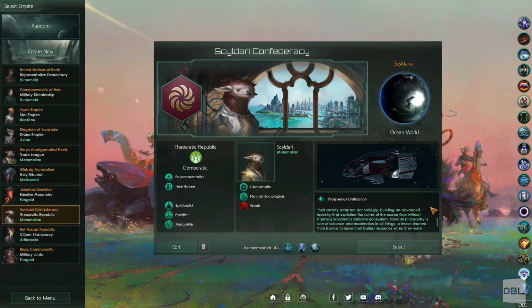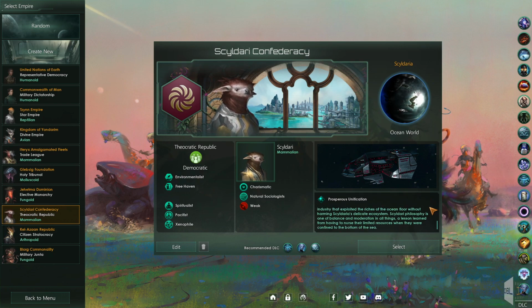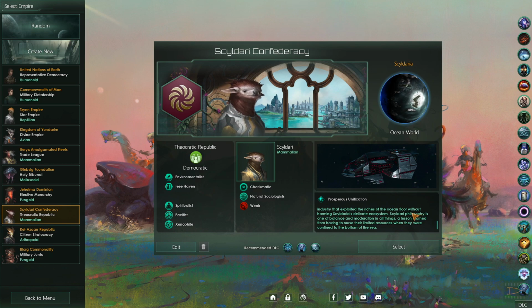Skildari philosophy is one of balance and moderation in all things, a lesson learned from having to nurse their limited resources when they were confined to the bottom of the sea. That's so weird. I did not expect them to be ocean dwellers. Okay.